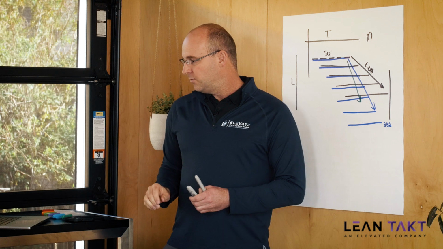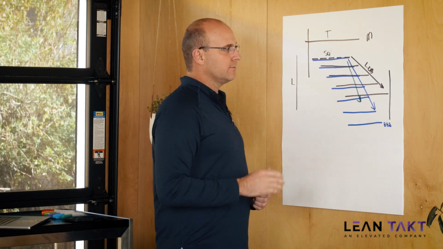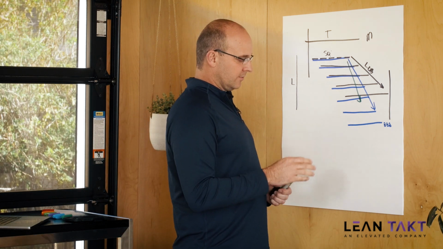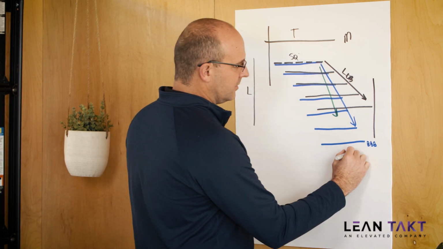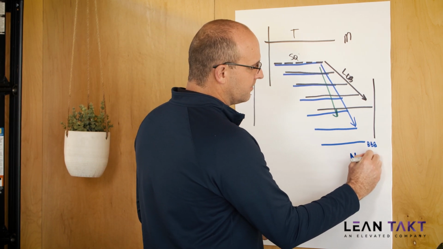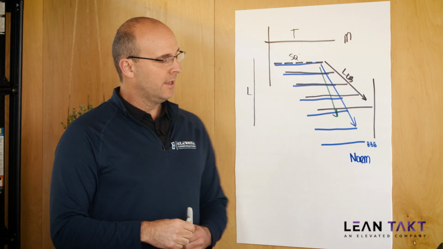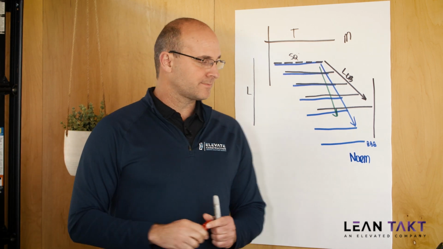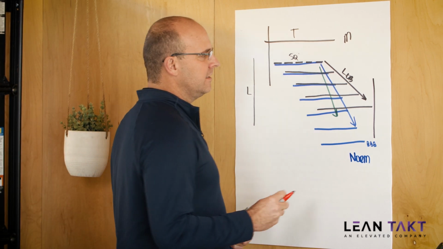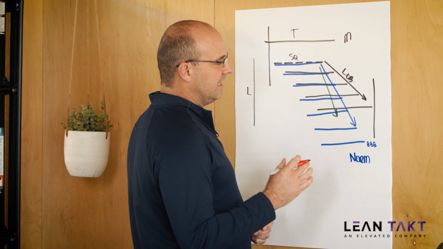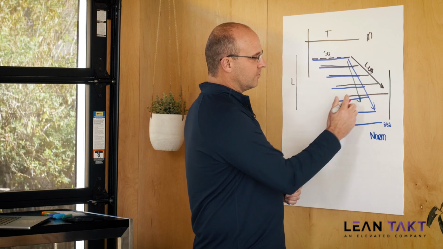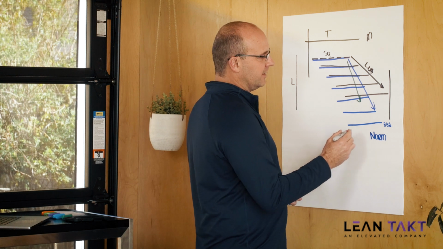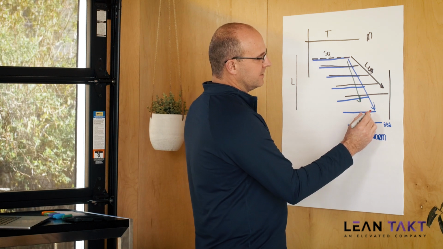So what we're going to talk about is the takt point of no return. In the norm level schedule, that means the blue, so I'll write this as the norm. This is your production level schedule. There is a point where you can't recover any farther with your zoning strategy. So remember, the green is your backup. Here's what I typically do.